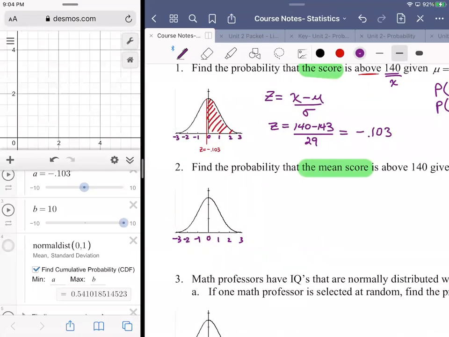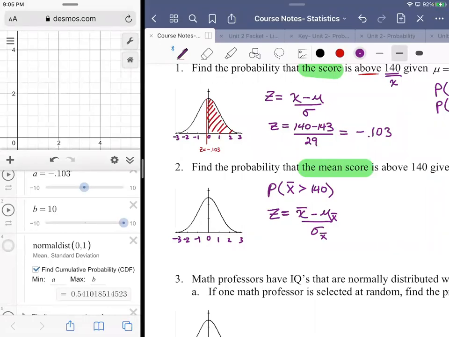I need to know the probability that x bar is greater than 140, but I need to know the z-score that corresponds with that. So z is going to be not x minus mu, but x bar minus mu sub x bar over sigma sub x bar.